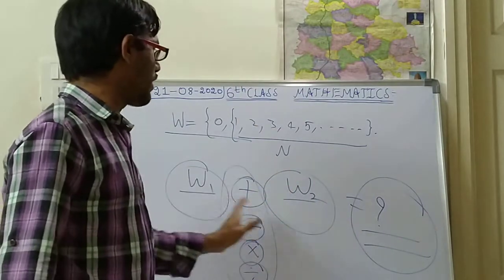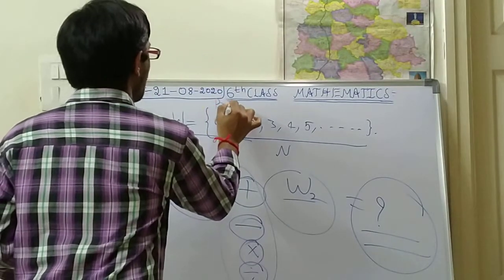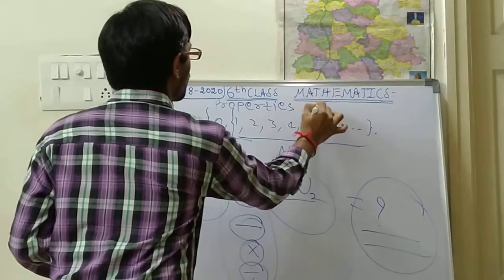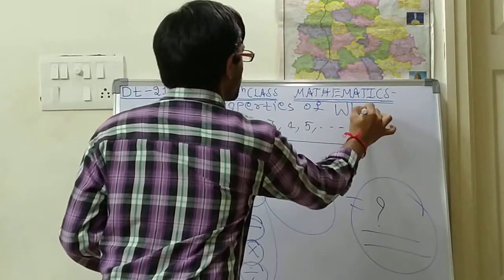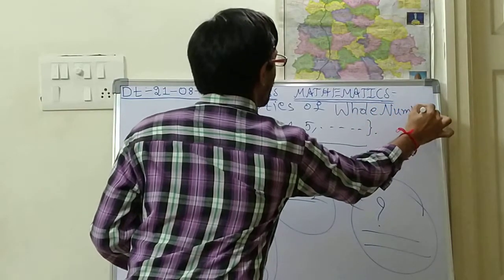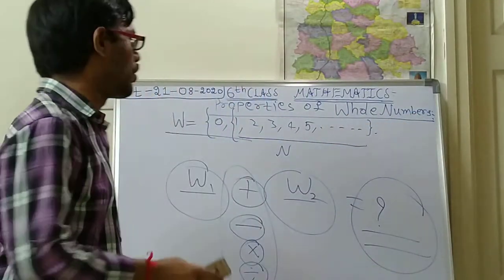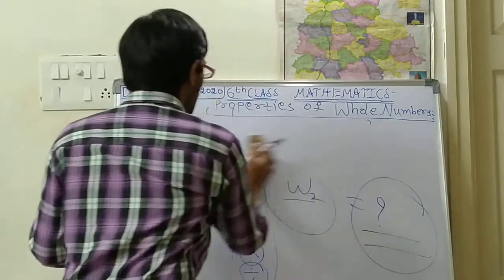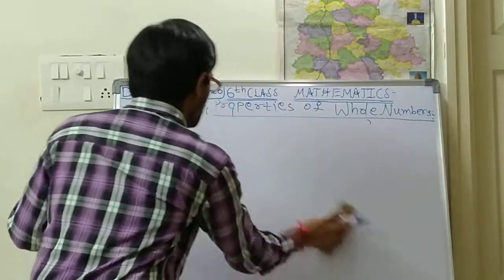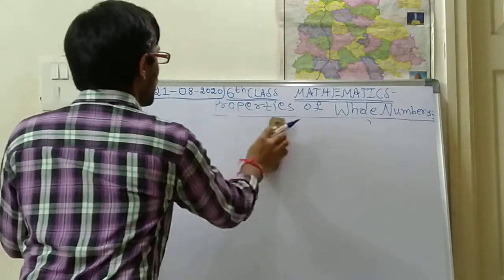So this class we can call properties of whole numbers. There are many properties regarding whole numbers, and we shall discuss them one by one, very clearly and very easily.